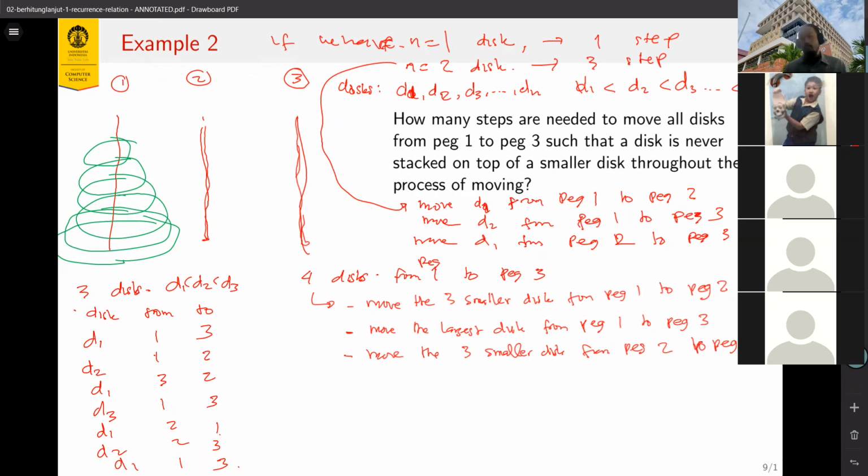So now let me ask, how many steps for this, and this? Well, the easiest one. How many steps for the second part here?